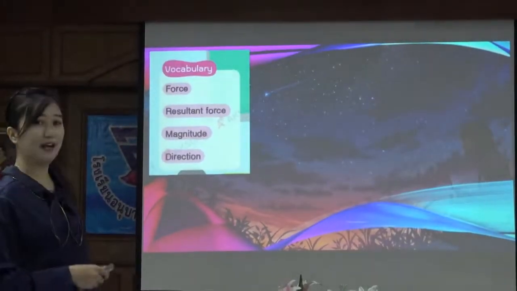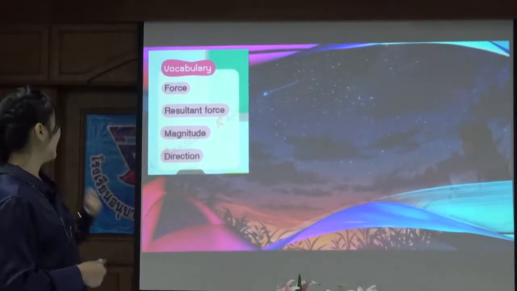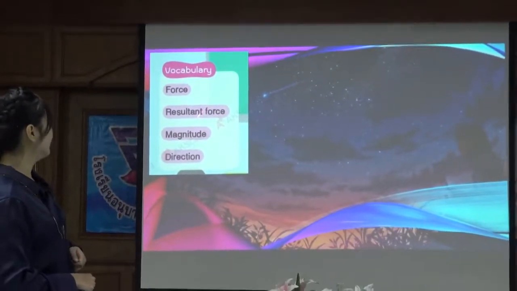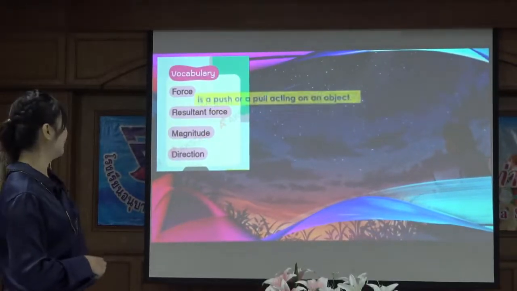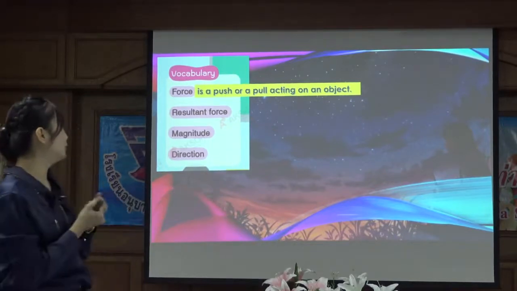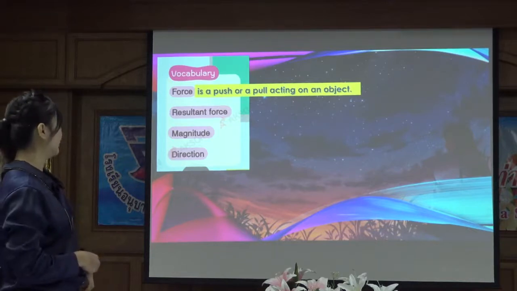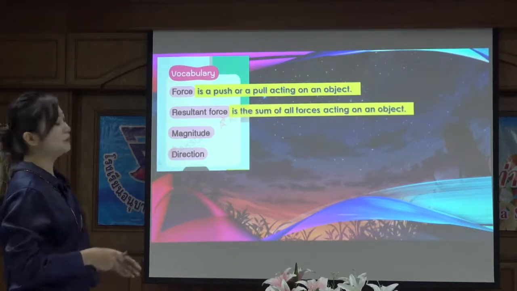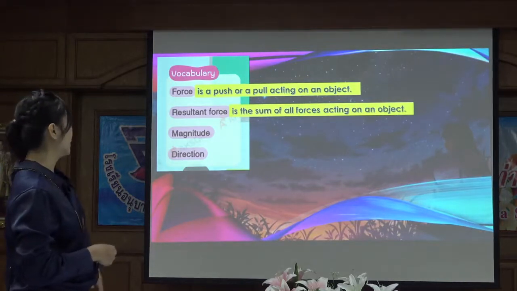Okay, so here we have the vocabulary. Let us learn about these words first. We have force, resultant force, magnitude, and direction. Force is a push or a pull acting on an object. Resultant force is the sum of all the forces acting on an object.